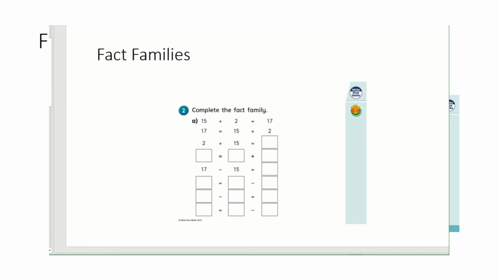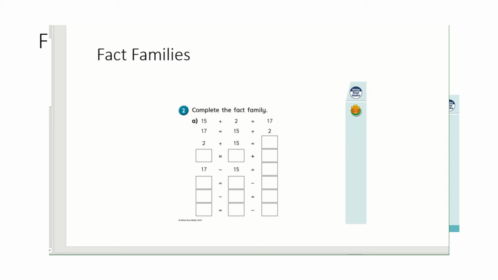Let's have a look at this fact family. Look, we have got 15 add 2 equals 17, but we can also put the equals. Look, the total at the beginning, 17 equals 15 add 2. 2 add 15, so we can turn it round, equals 17.